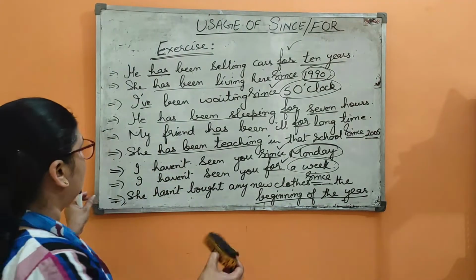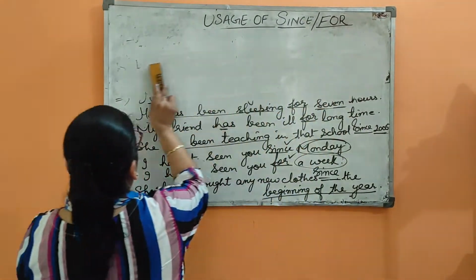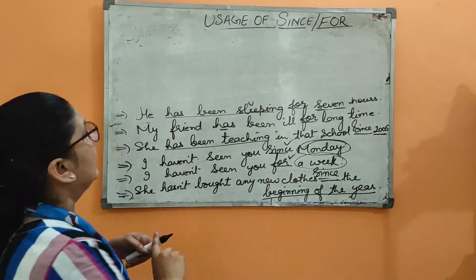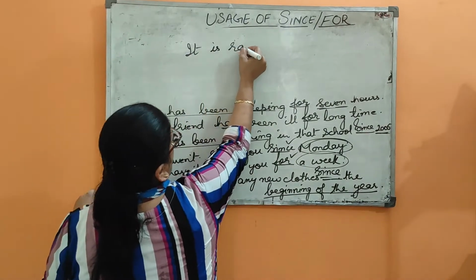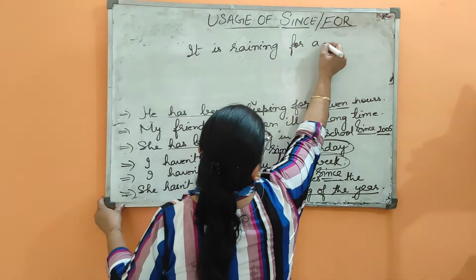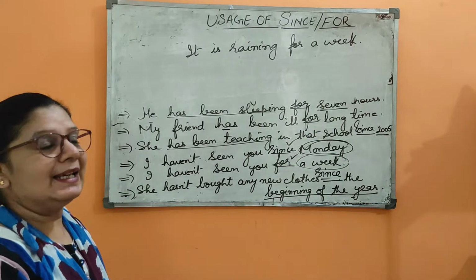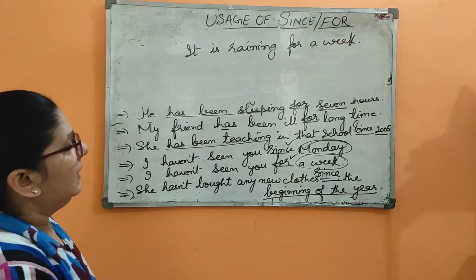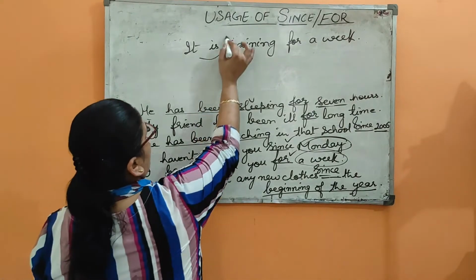One more thing I want to make clear, like in some sentences we have been making mistakes. Like if I say, it is raining for a week. Generally I hear students telling like this, it is raining for a week. Now you should be able to pick the error, that it is raining is wrong.